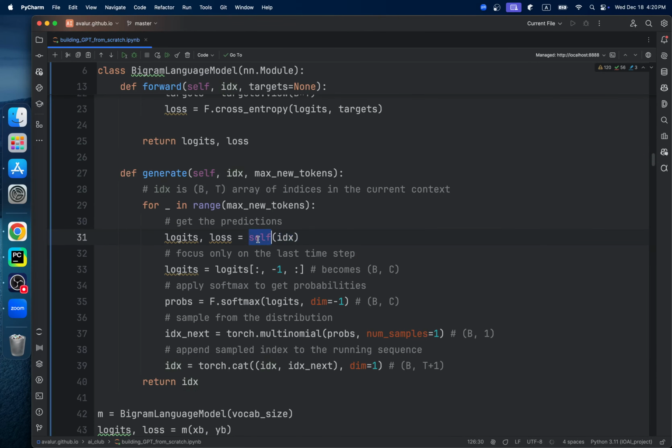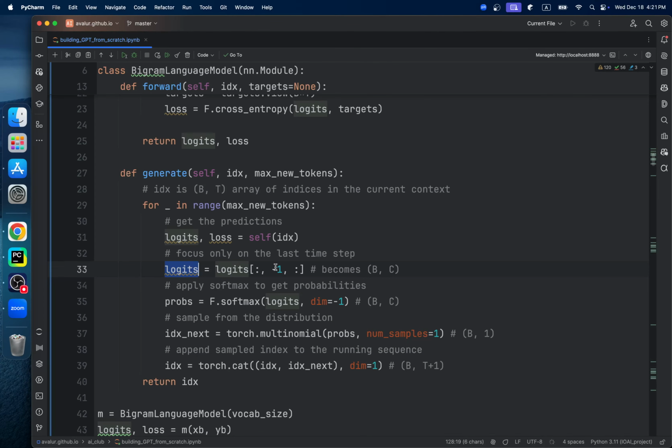So we apply our model, self of the current token, and it gives us the logits and loss, and then we take only, you see here -1, the last element of this logits tensor.